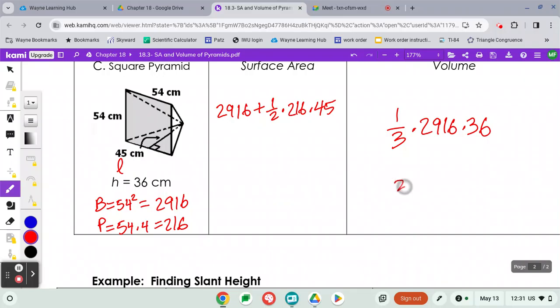That's for the volume. Yep, you're fine. I agree with that. So that one is centimeters cubed, right? And does anyone have the surface area? 7776. Yep. All right. Does that make sense?